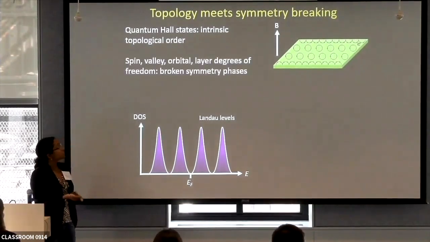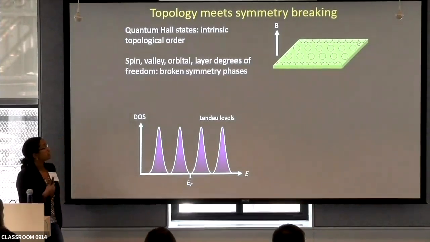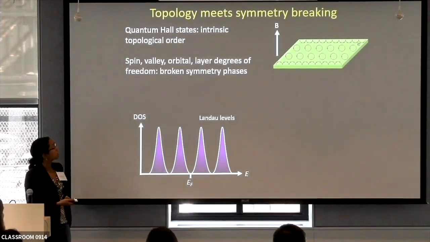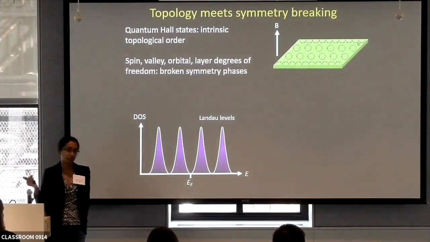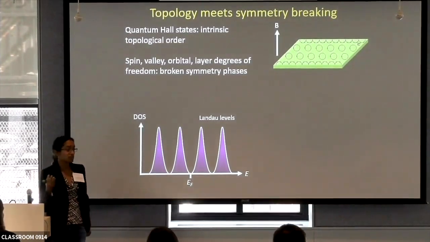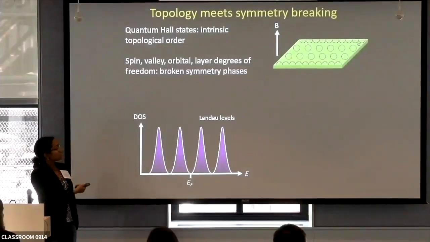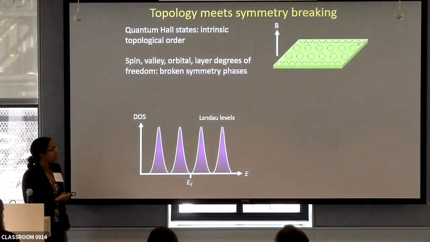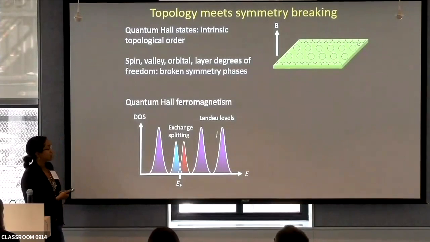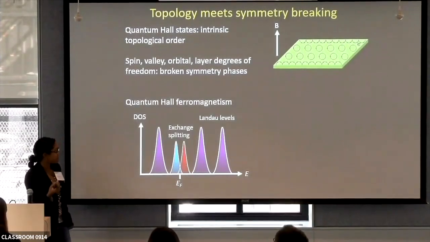And so in systems that have several degrees of freedom, that could be either from a spin degeneracy or some pseudo-spin coming from valley or layer degrees of freedom, this adds an additional degeneracy to the Landau levels. When a Landau level is then partially filled, what can occur is this quantum Hall ferromagnetism behavior, as it's called.